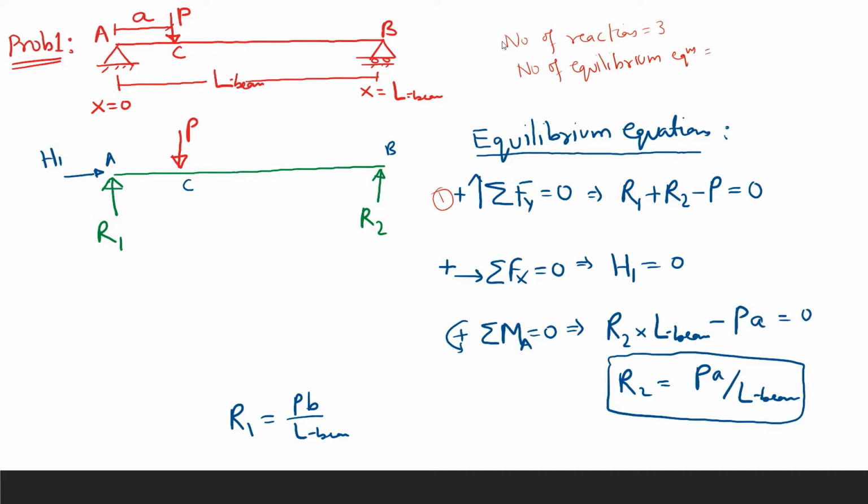One is the summation of forces along y direction is 0, the sum of all forces along x is 0, and the third equilibrium equation is the summation of moments about any point is 0. So the degree of indeterminacy is the total number of reactions minus the equilibrium equations, so 3 minus 3 equals 0. Zero degree of indeterminacy means the structure is determinate, and determinate structures are those which can be solved using equilibrium equations only.